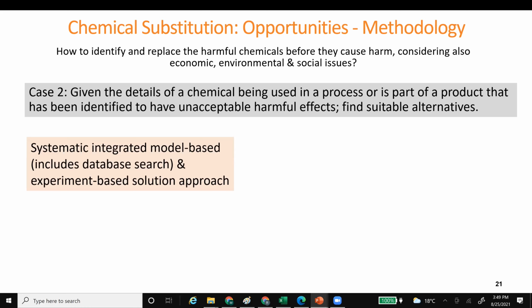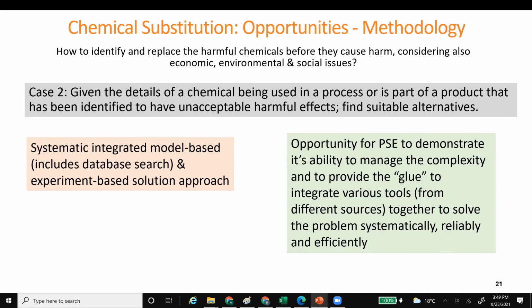So that's why it should be a systematic, integrated model together with database, and then experiment also is needed, which you will see. So the opportunity for PSE is to demonstrate its ability to manage the complexity, because it's a complex problem, and to provide the glue that combines everything together to solve the problem systematically, reliably, and efficiently.